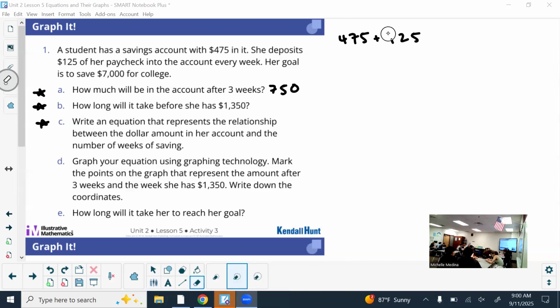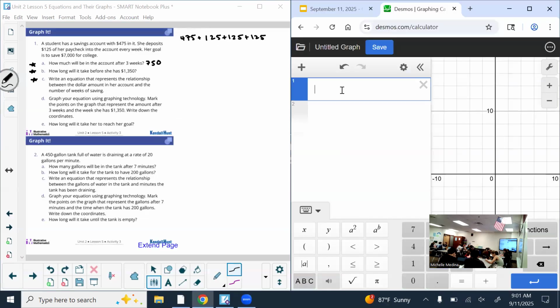And you added 125 to it how many times? Just once? Three times. Okay. So the 475, because that's already in her account. And we know that each week she is depositing 125, so it makes sense to add the 125 3 times.